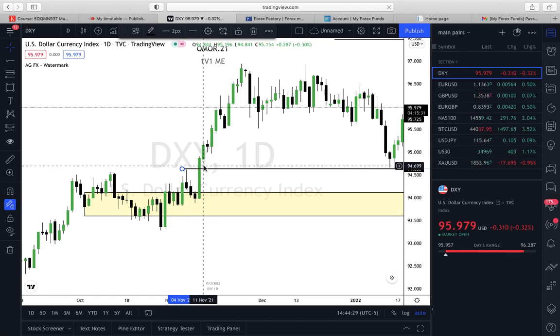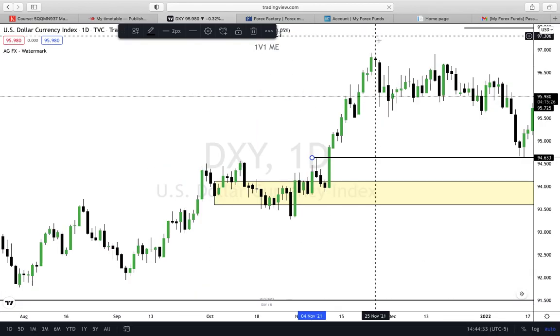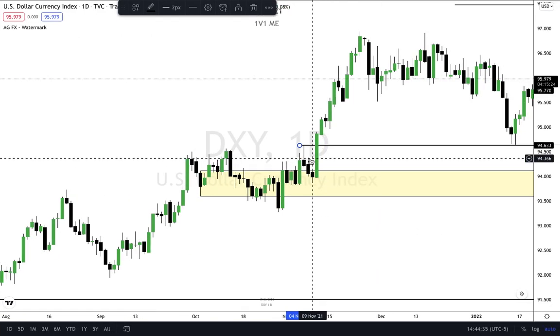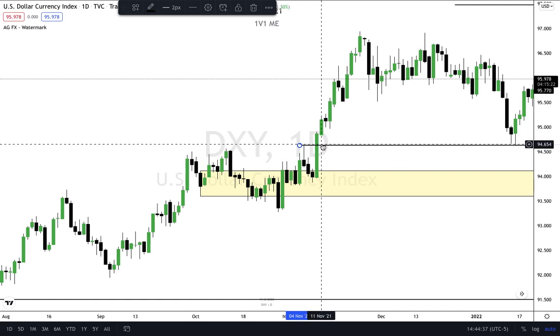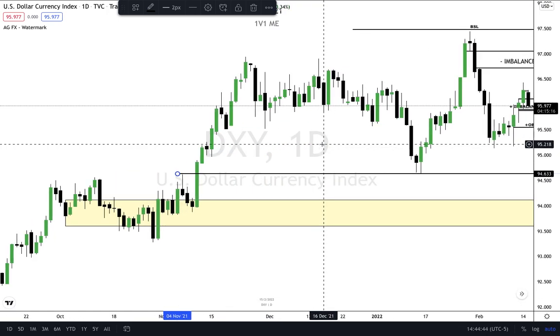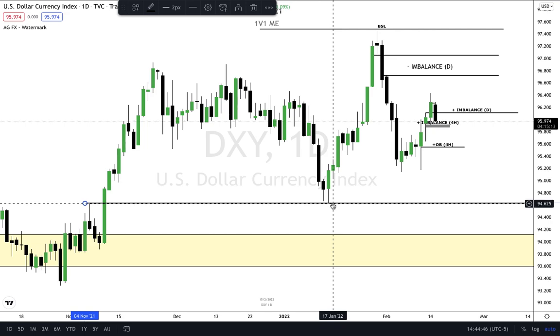The market needs to do what? It needs to balance it out with selling. So we need to sell into this price level because the algorithm has to rebalance inefficiencies. Right to the T. There's no randomness in this market. You'll see that everything is clean.